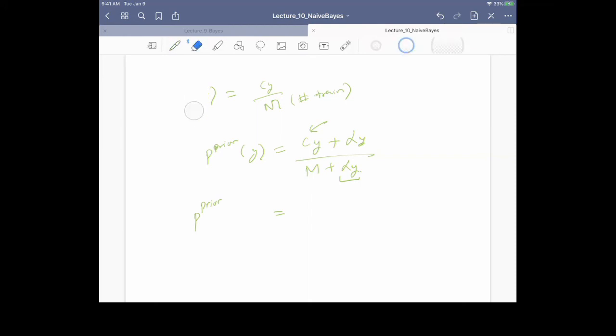Let me use this notation: this is phi of y, and this quantity is phi of xi comma y.